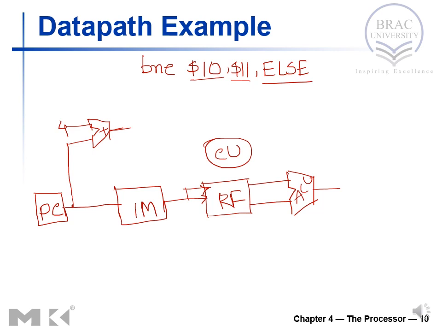So to perform the subtraction, control unit would send ALU operation, what operation ALU needs to perform.